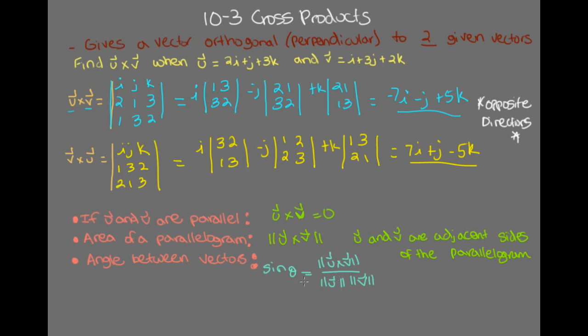That also involves the cosine of theta is equal to the dot product over the magnitudes. That's a different property. If we want to find the angle between two vectors, the sine of that angle is going to be equal to the magnitude of the cross product over the magnitude of the individual vectors.